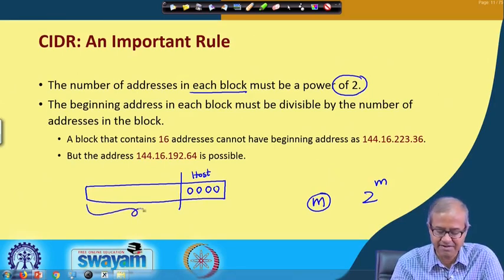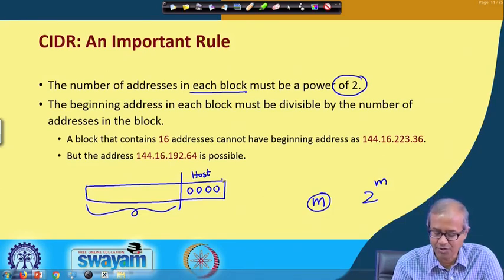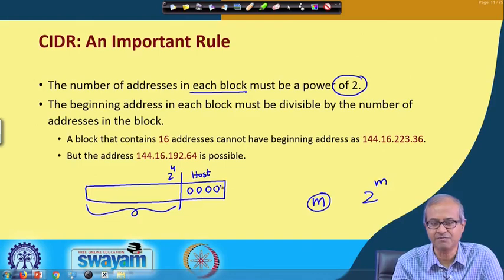See, any address where the last 4 bits are 0 will obviously be divisible by 16, because if you look at the weights, 2 to the power 0, 1, 2, 3, the next bit position has the weight 2 to the power 4, which is 16. So, it is clearly divisible by 16 because the lower bits are all 0.